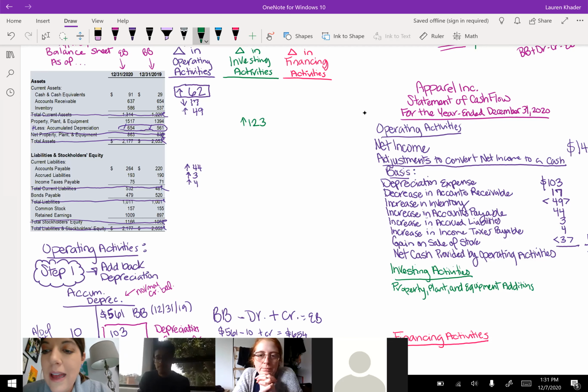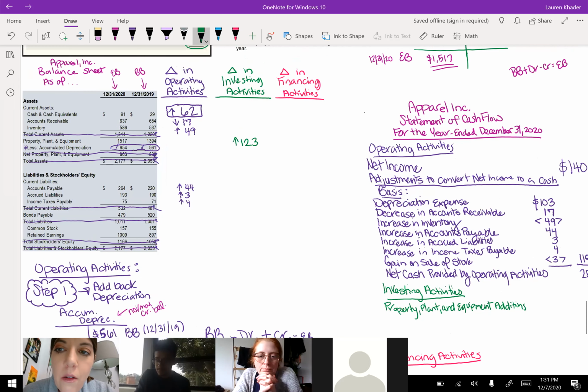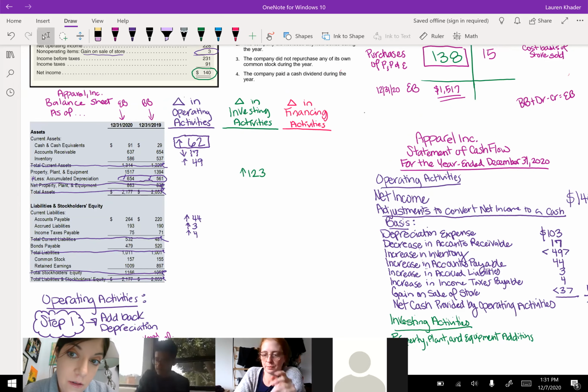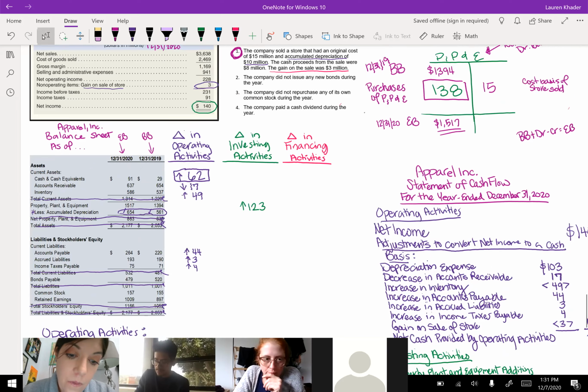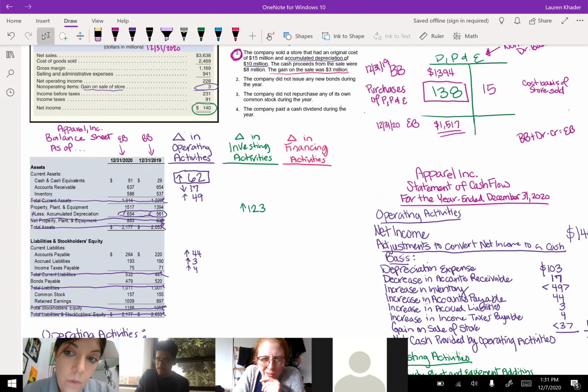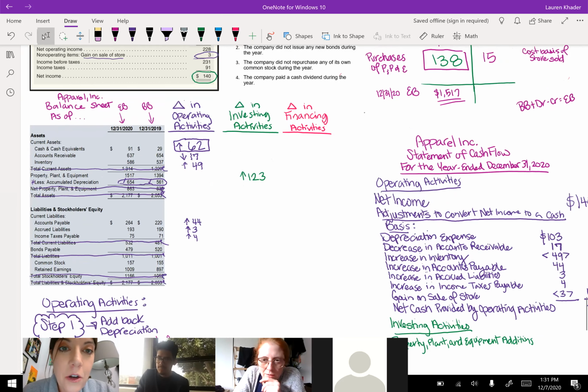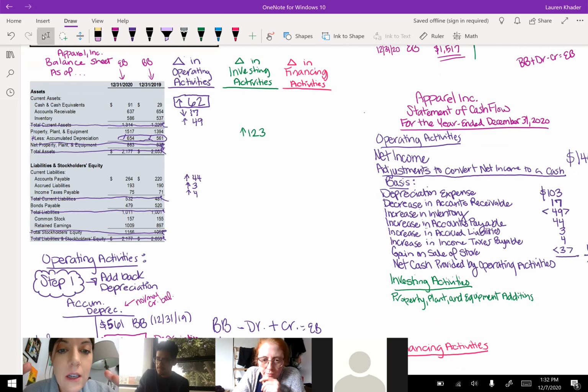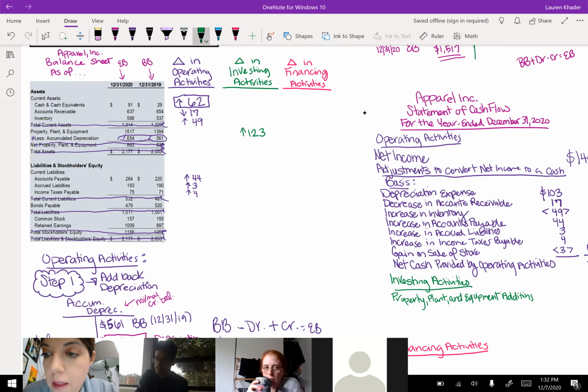And this is going to be an outflow or an inflow of cash? An outflow. So our assets increased, but we had to pay cash for that increase, right? So it is an outflow of cash. In the inner column, you're going to put brackets around the 138.